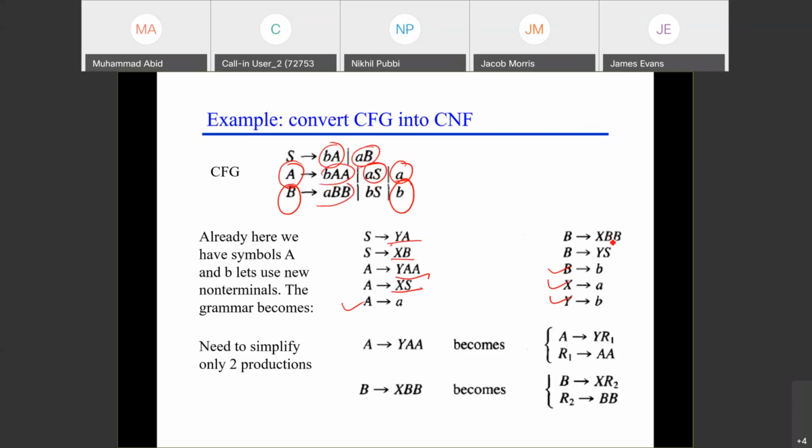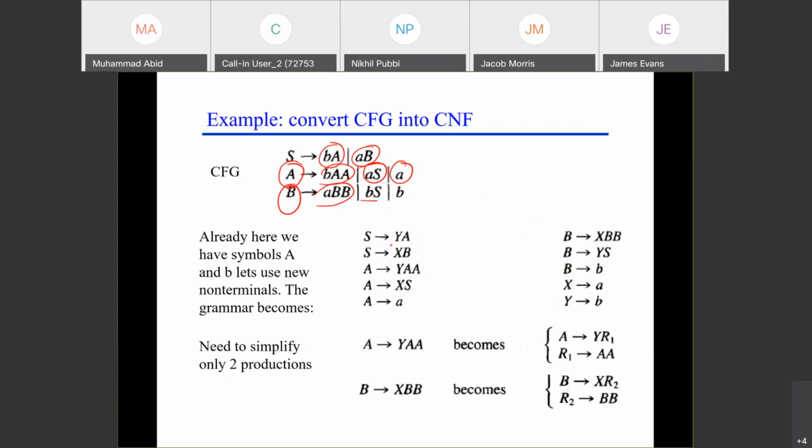ABB, so look at this one, XBB. BS, YS. So wherever you have that terminal, you use its new non-terminal production rule and replace it. So then we are done with the first iteration, where all our production rules are either a combination of just non-terminals or just terminals.